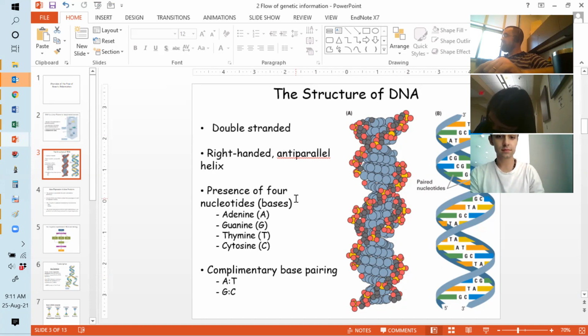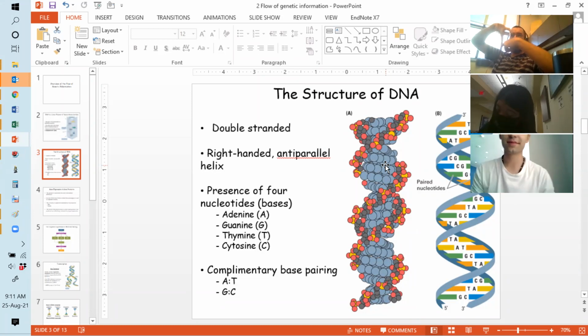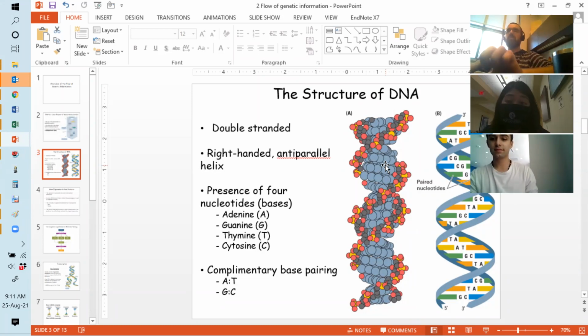I think it's the tyrosine repressor that actually binds to the major groove, so it kind of comes in like so and slots into these larger spaces.